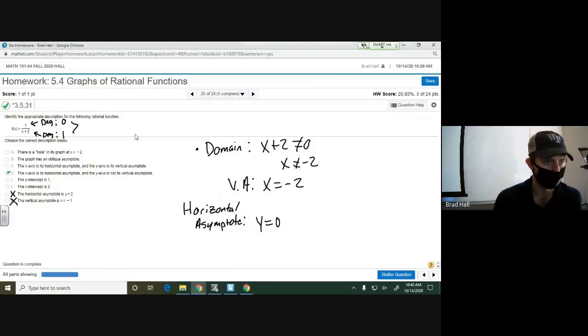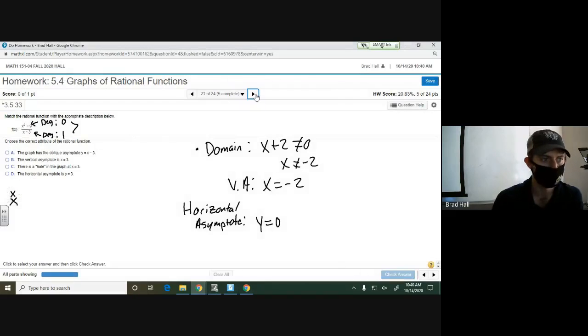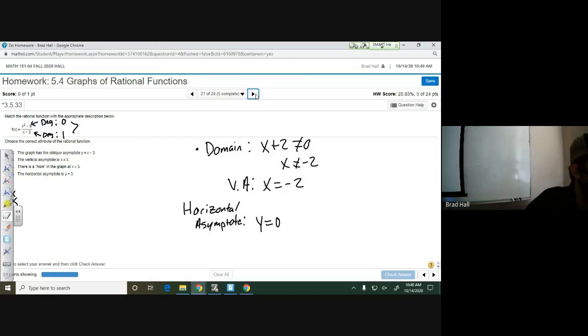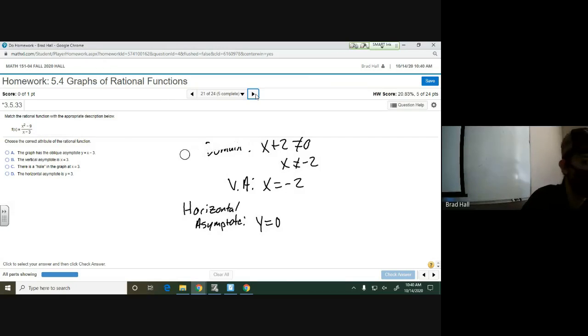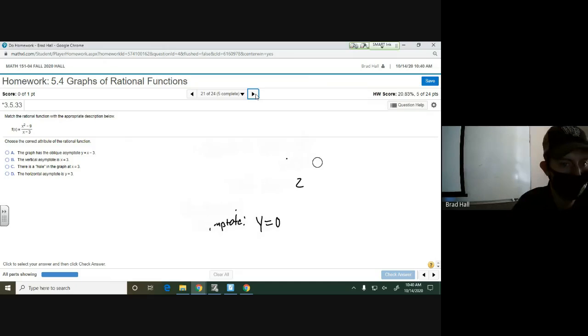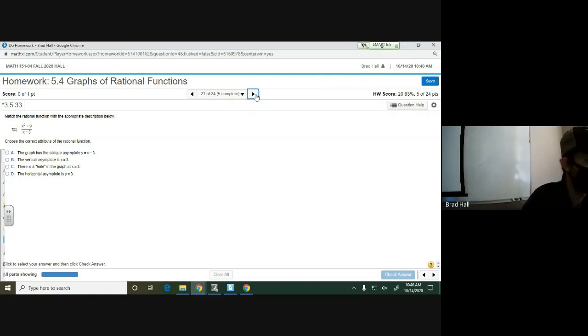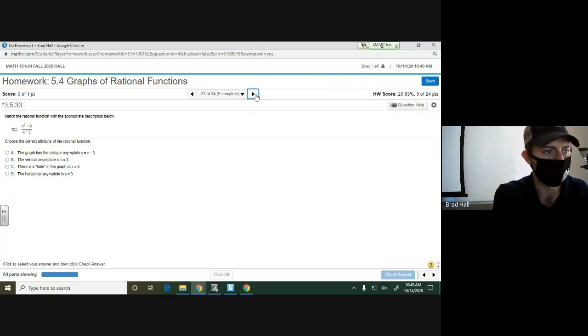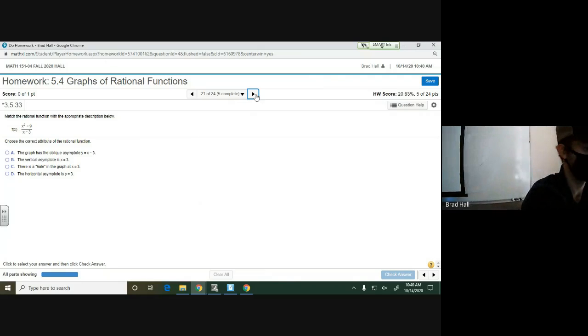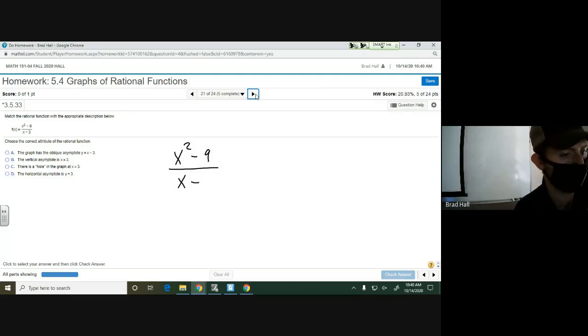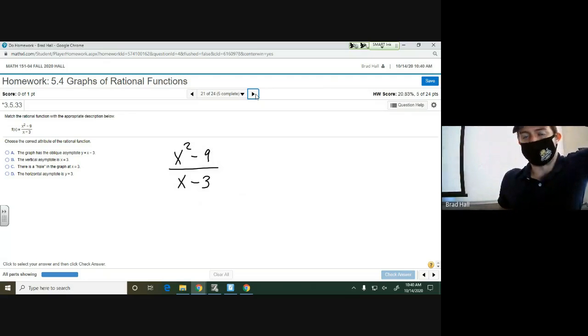Okay, so let's keep going. So the interesting thing here is that with this problem, it's not fully factored, which means we might not be able to see the whole picture.